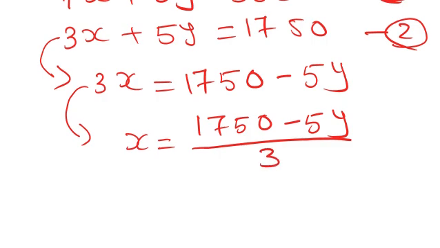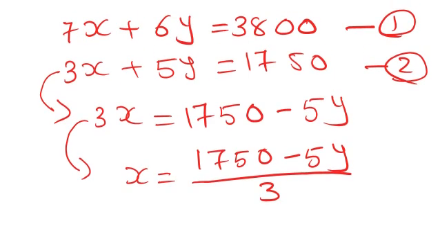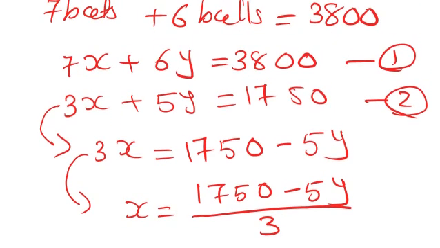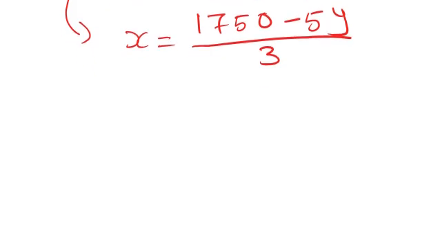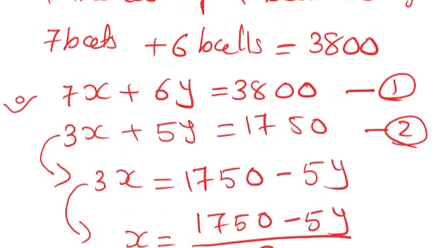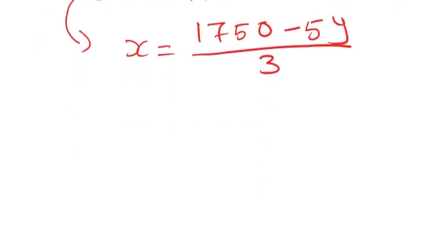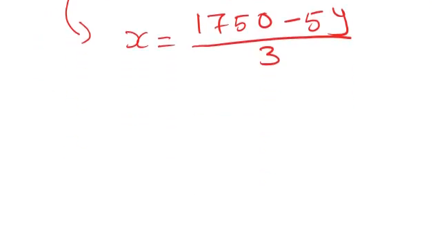Okay, now putting this value in equation number 1. This is our equation number 1, 7x plus 6y is equal to 3800.